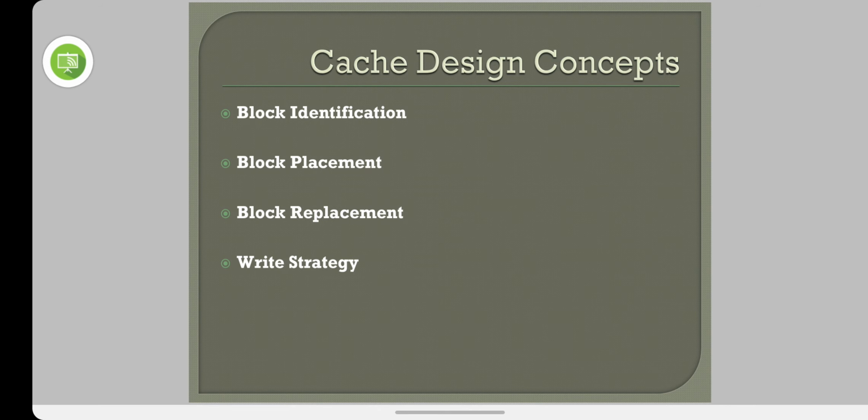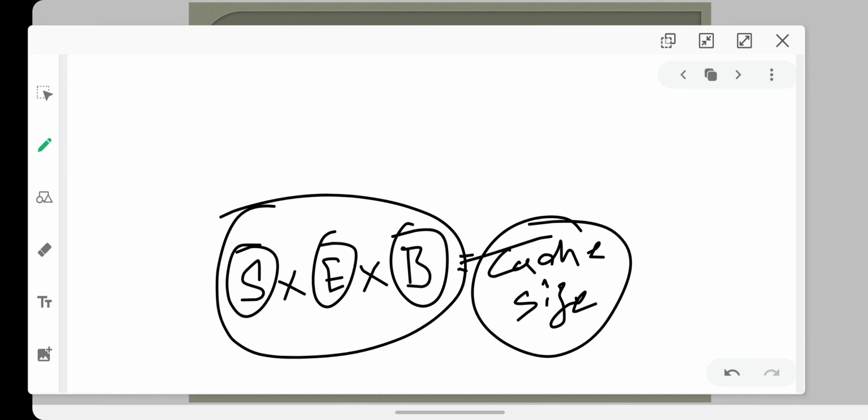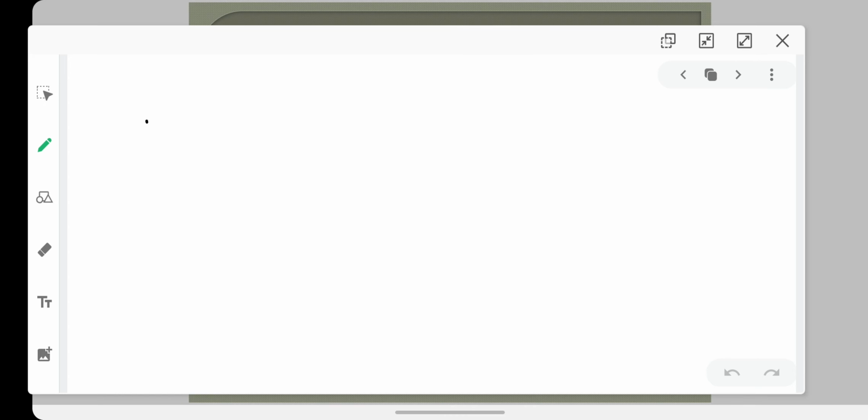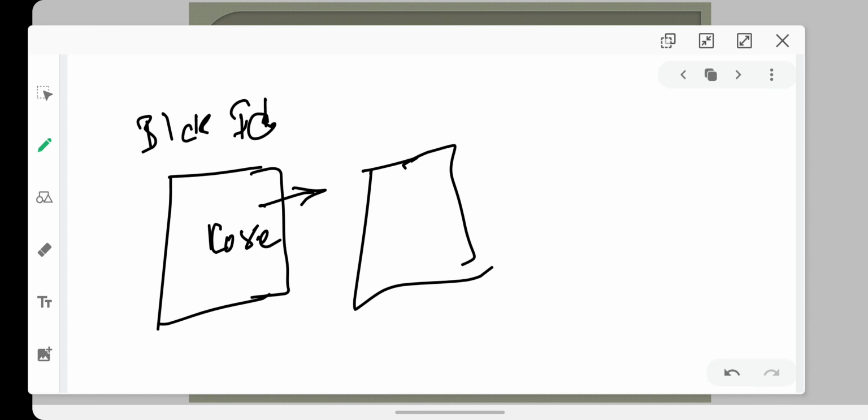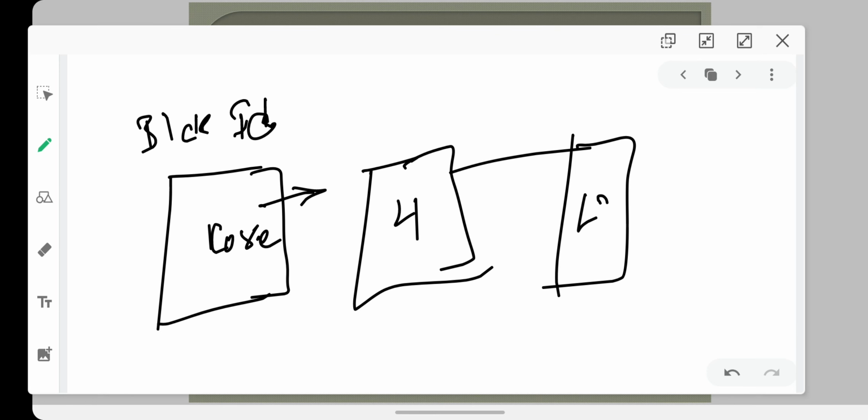Coming to the cache design concepts, the cache is designed in various ways. First is block identification, then block placement, block replacement, and the write strategy. Coming to block identification, whenever your processor requires some data, it may or may not be in the L1 cache, and it may not be in the next level of cache.